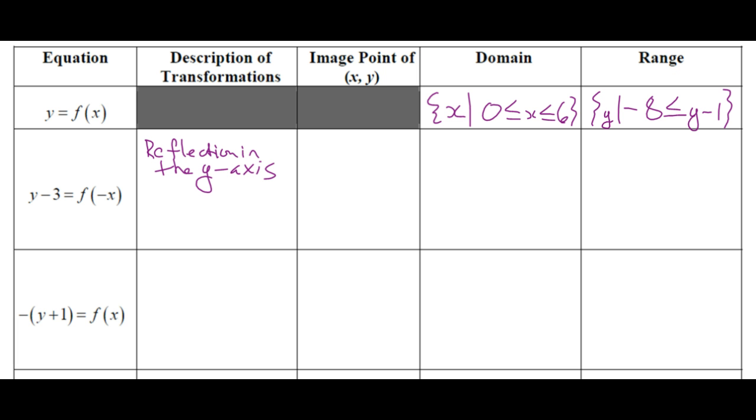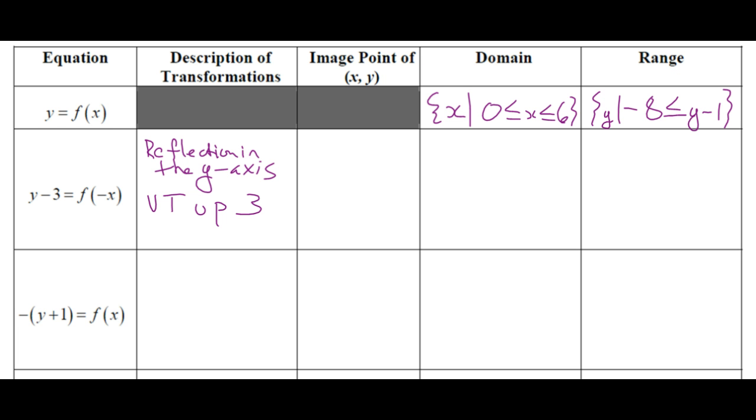Followed by, so what kind of translation? Vertical translation, up 3. Okay, not a lot of room here, so I am willing to take abbreviations, so VT up 3. I'm willing for you to write the reflection as REFL, reflection in y-axis, VT up 3.